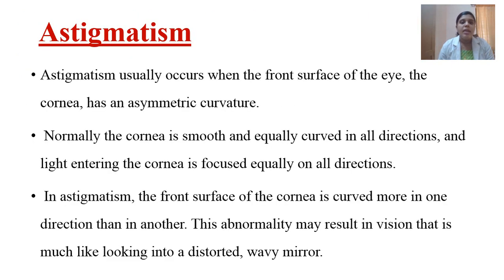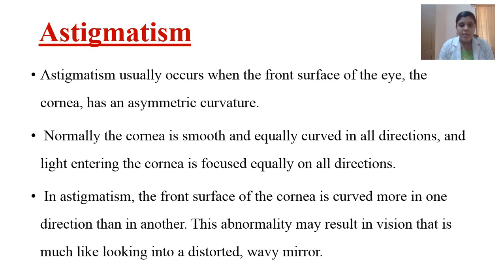And the next one is astigmatism. Astigmatism usually occurs when the front surface of the eye, that is the cornea, has an asymmetrical curvature. Normally the cornea is very smooth and equally curved in all directions. As a result, when light rays enter the cornea, it focuses the light rays in all directions equally.